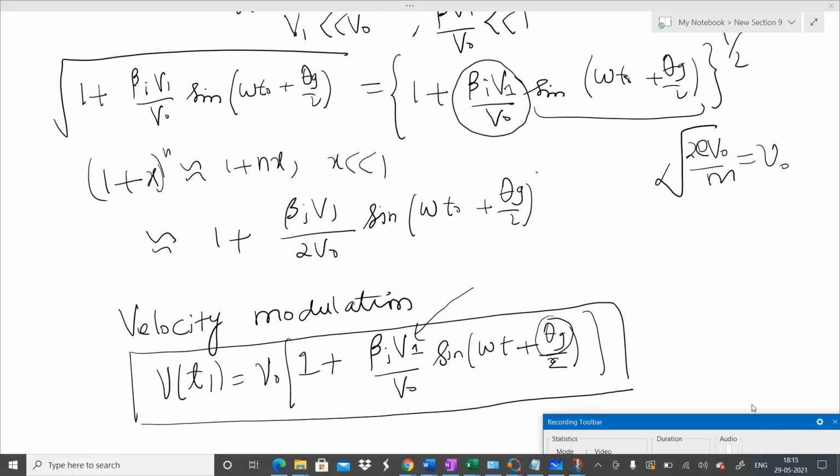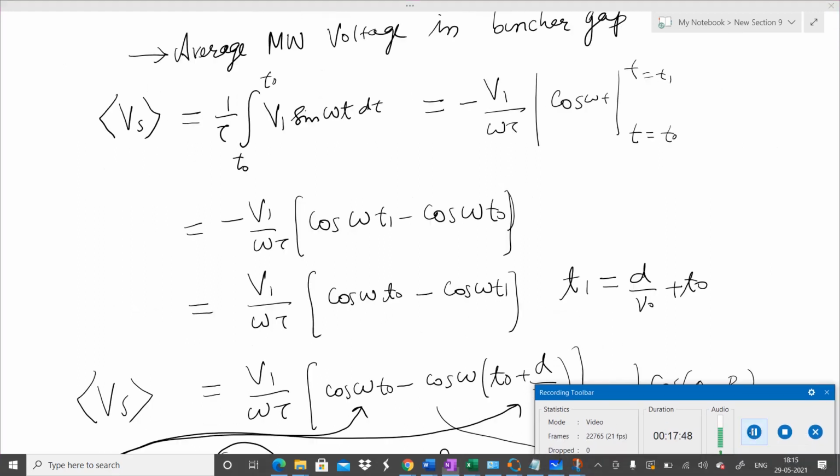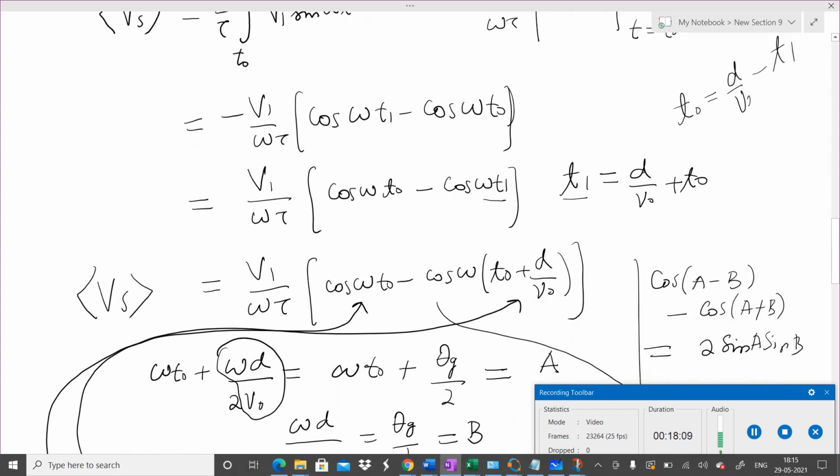Now recall that, sorry, it is here omega t naught. We wrote everything in terms of t naught. I will go back to this equation, here. What I did is I wrote omega t naught minus omega t1, and then I wrote t1 is equal to this. If we write everything like this, t naught is equal to d by v naught minus t1. You start writing everything like that.